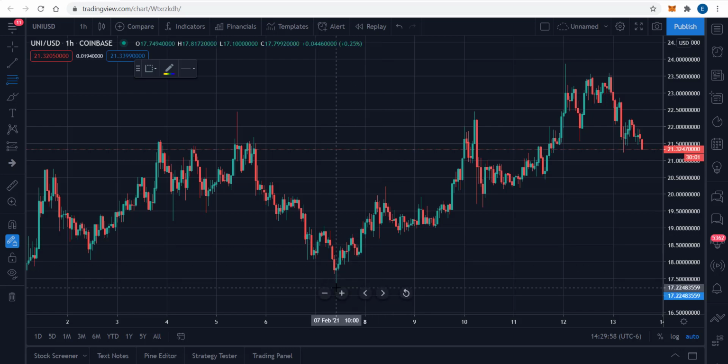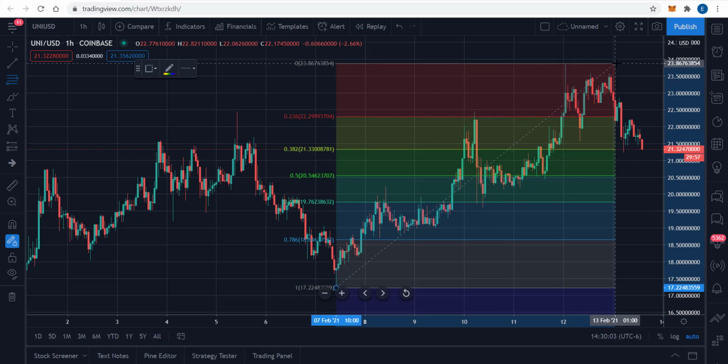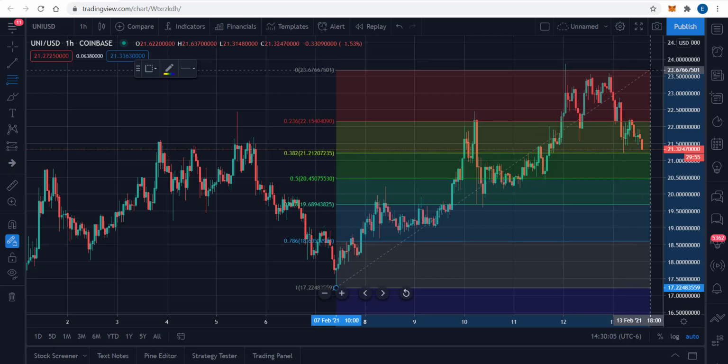Let's see. Huh. So thus far on this little pullback, this little downward move, we actually have bounced off of their 38.2% retracement line, and we're approaching it again.